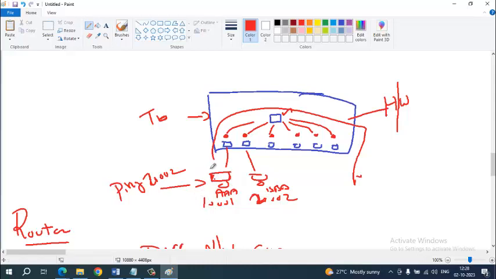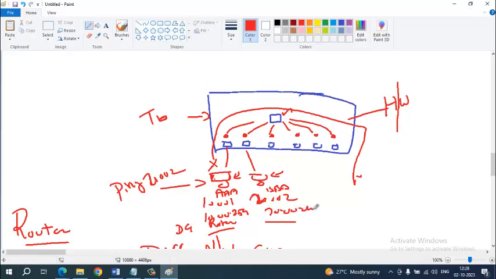For the PC to send the packet, it needs the router's address, because every operating system is developed as per the standard. That is why we give a default gateway. What is the default gateway? That is the address of the router. On every PC, we give a default gateway. The default gateway here will be 10.0.0.254. Here it will be 20.0.0.254.